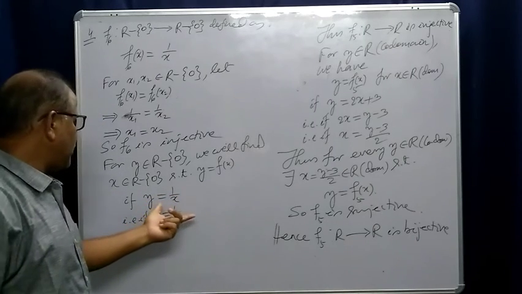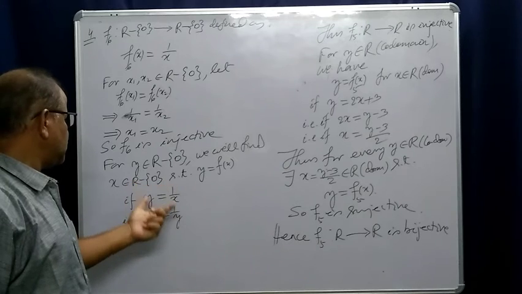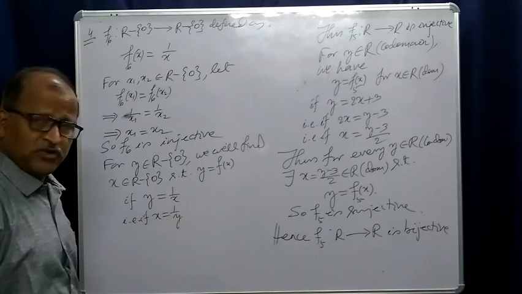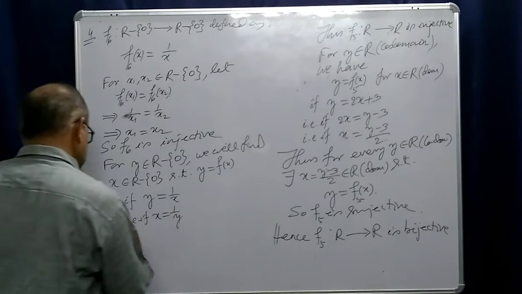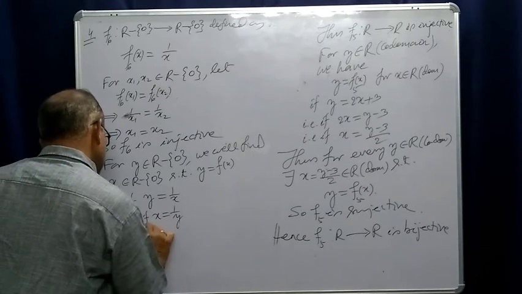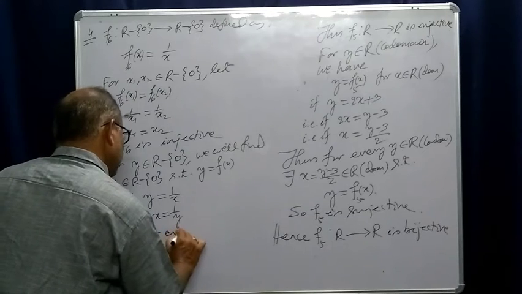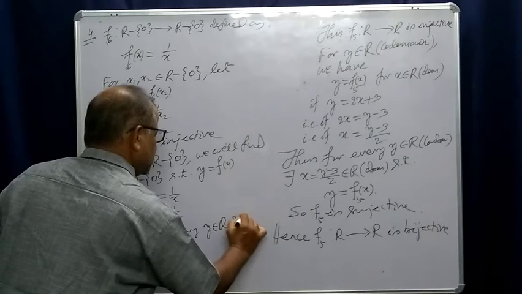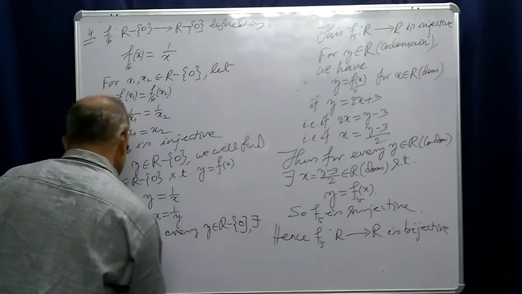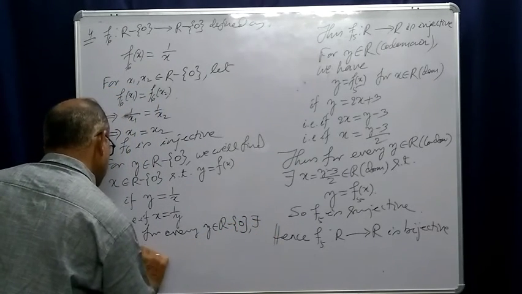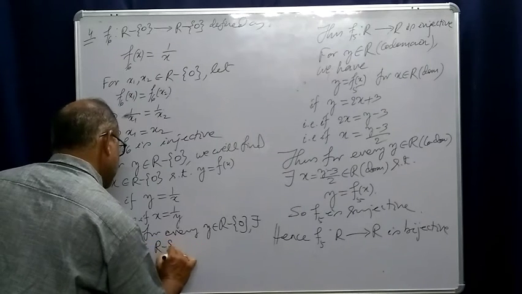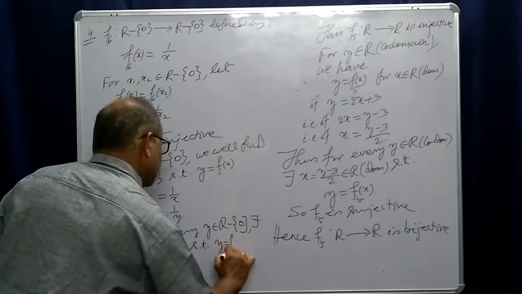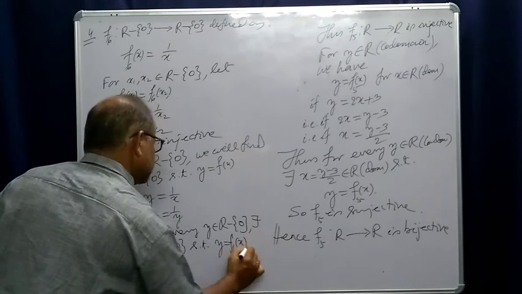So we will find x is equal to 1 by y. So thus, for every y belongs to R difference 0, there exists x which is equal to 1 by y belongs to R difference 0 such that y is equal to f6 of x.